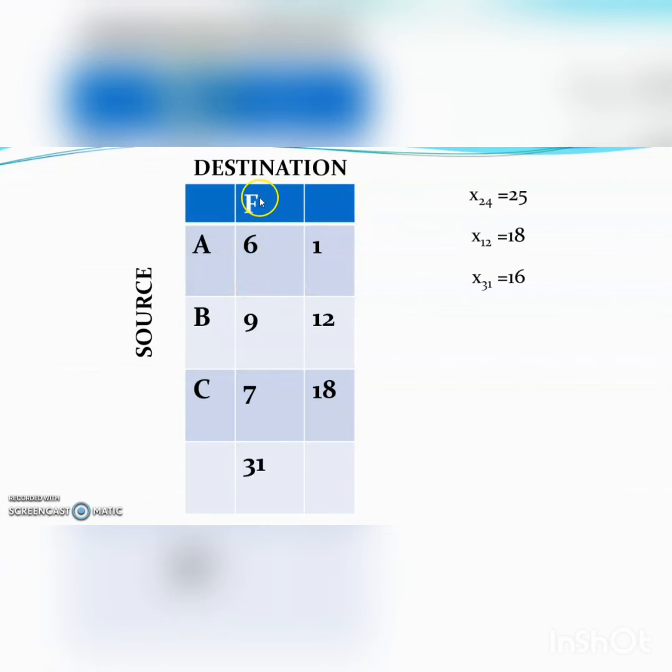Here there is only one destination and 3 sources, and the availabilities at the sources are 1, 12 and 18, and the requirement of the destination F is 31, which is the sum of these availabilities.